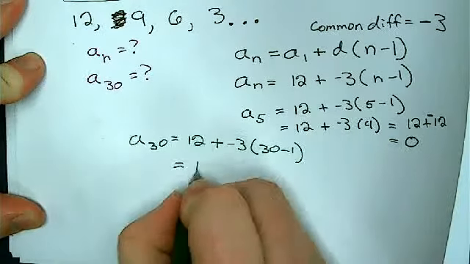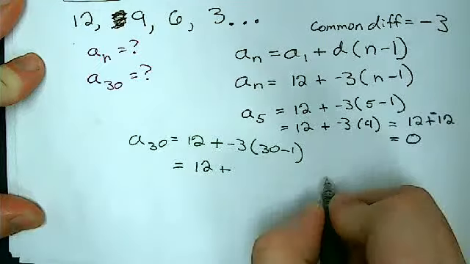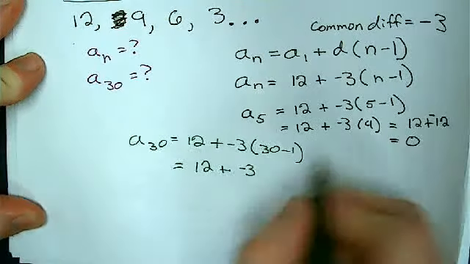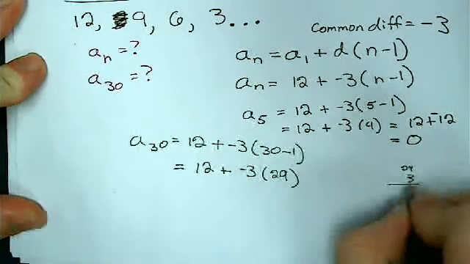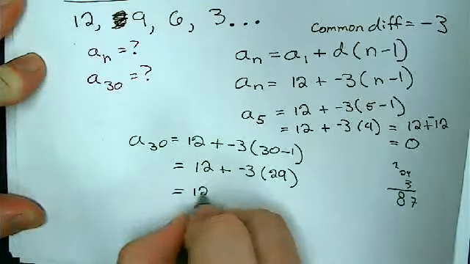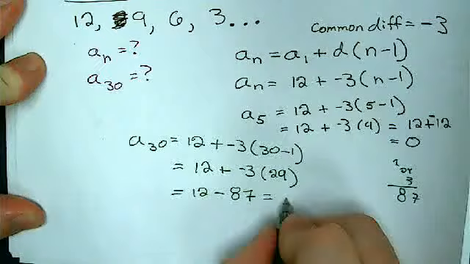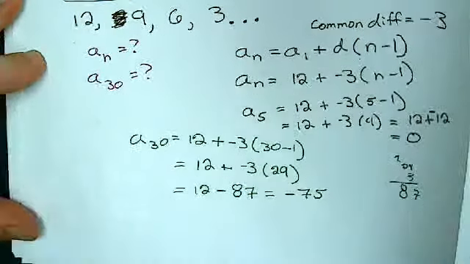So that's 12 minus 3 times 29. 29 times 3, 7, carry the 2, 87. So 12 minus 87, which is going to be -75. I think.